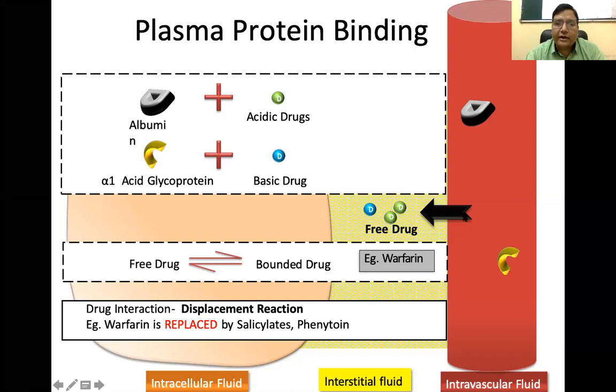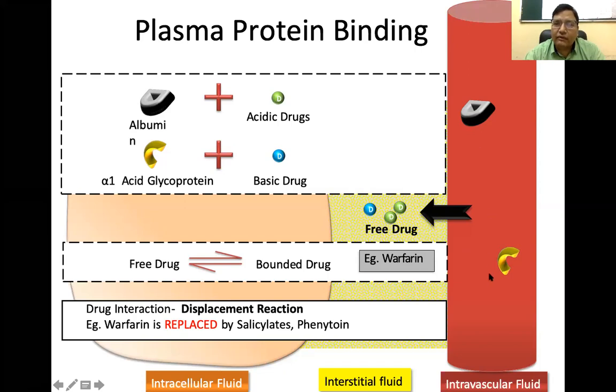So it will always be the free drug which moves out of the blood vessel. All the bound drugs remain inside the blood vessel. The free drug moves to the site of its action and produces the effect. So that is the very important concept of the free drug: it is always the free drug which produces the effect.